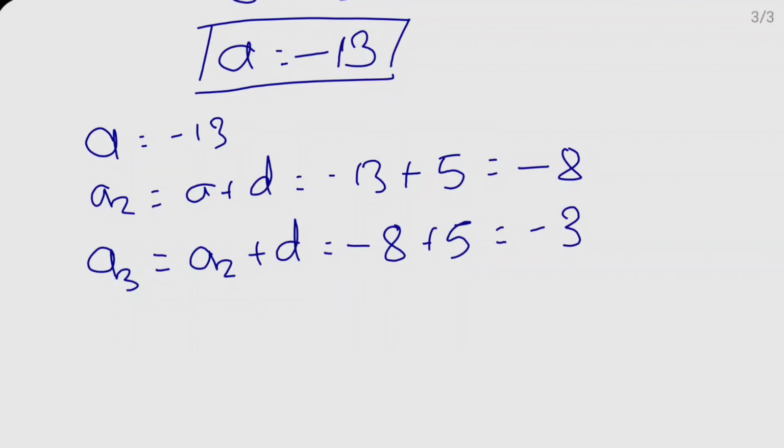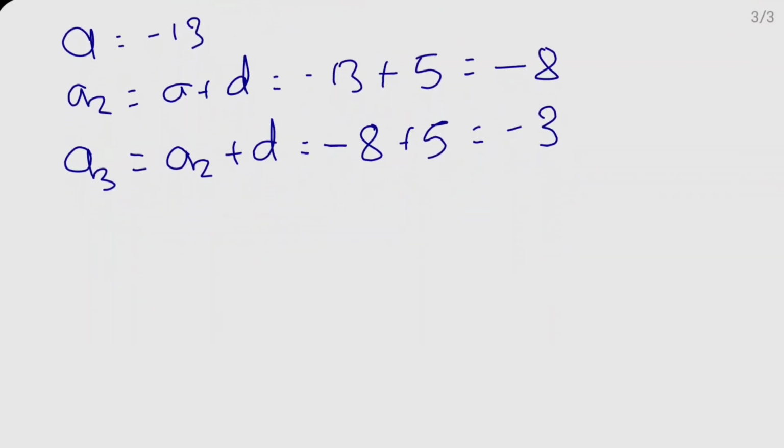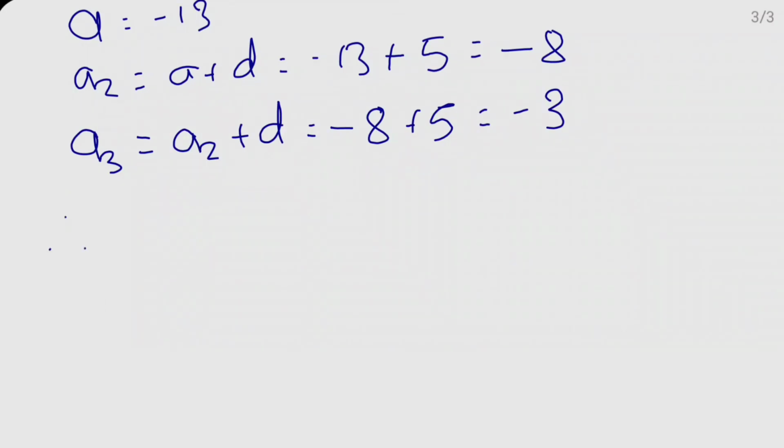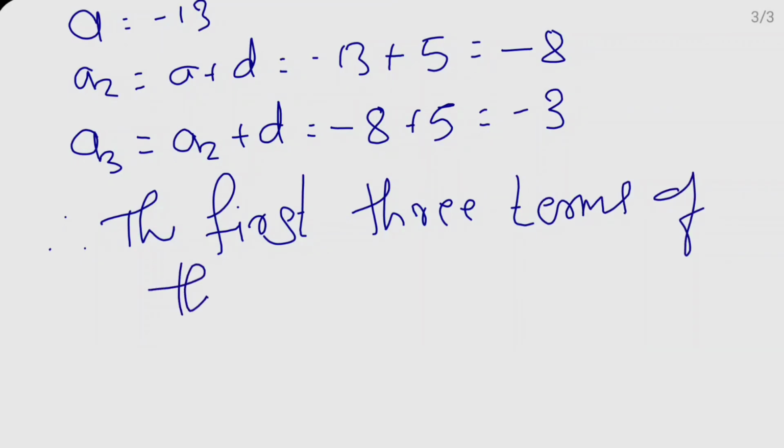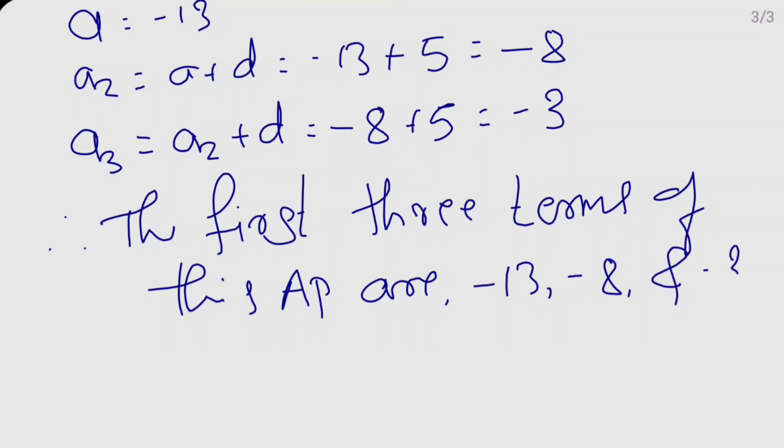So here first three terms are there. So write down the conclusion here. Therefore the first three terms of this AP are minus 13, minus 8 and minus 3 respectively. Is it clear?